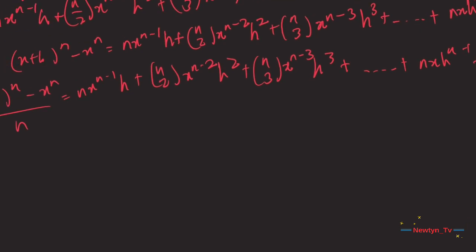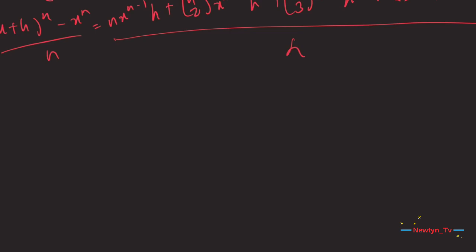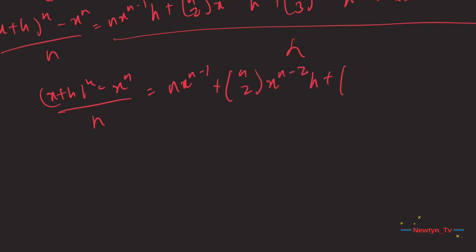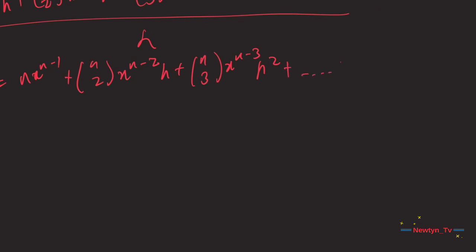So when we simplify that, we should get ((x + h)^n - x^n) over h equal to n x^(n-1) + (n choose 2) x^(n-2) h + (n choose 3) x^(n-3) h^2, and it goes on to n x h^(n-2) + h^(n-1).